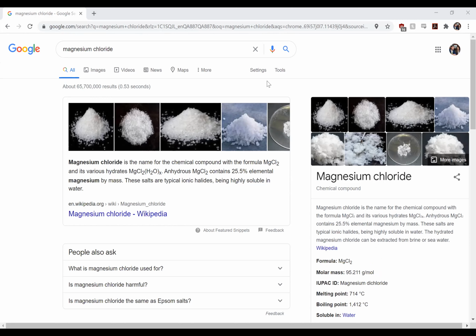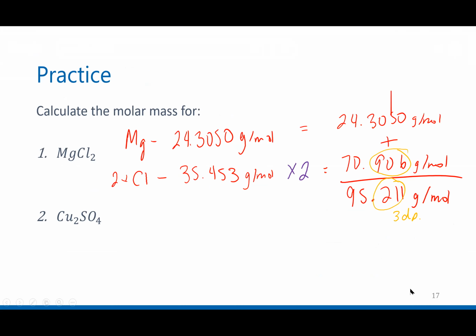The other one's a little bit more complicated. Okay, so I go back here. What about this other one, copper 2 sulfate? All right, I'll see if I can fit it in over here. For this one, let's write down the masses of everything. We have 2 coppers, so I'm going to find the molar mass of copper.